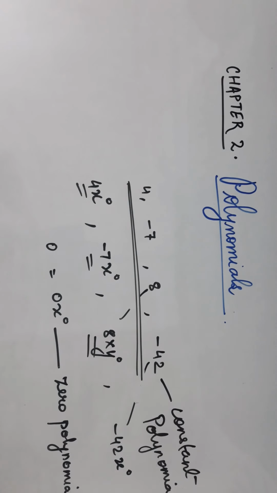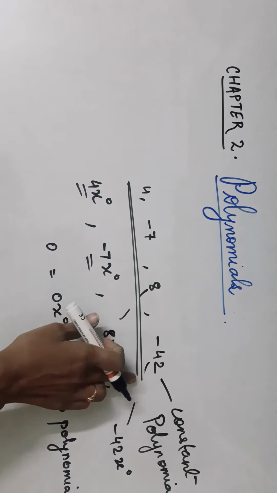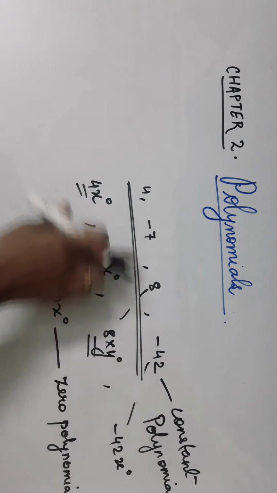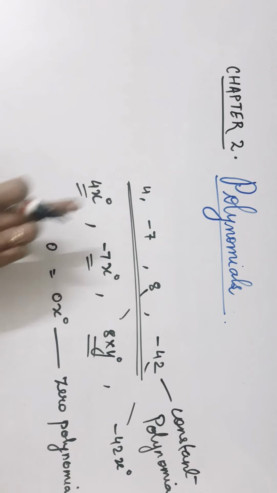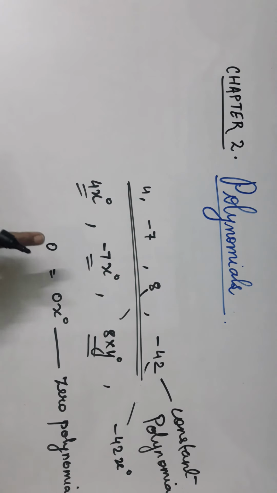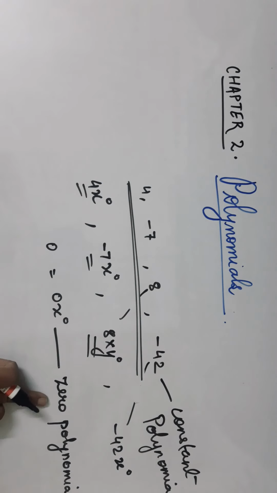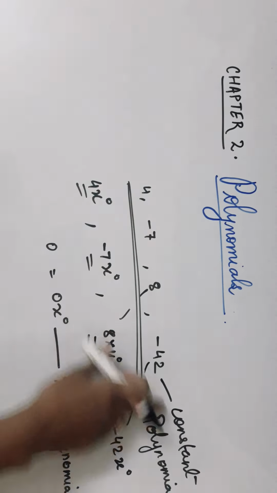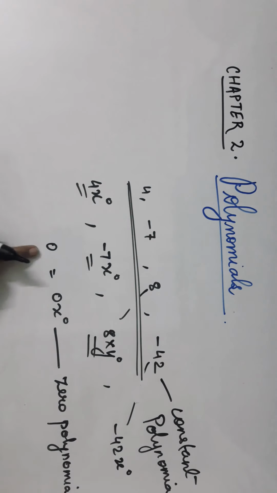Okay, so understand the difference. All these constants are called constant polynomial because they have some constant value, and the constant 0 is also a polynomial, but since it has no value, it is called the 0 polynomial.